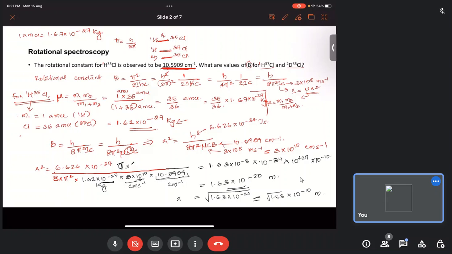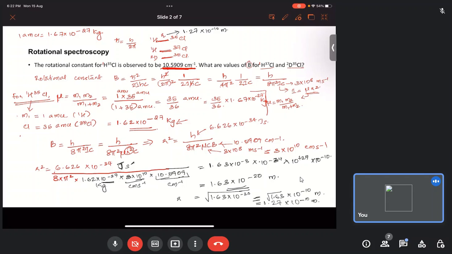Yeah, this is coming to be 1.27 into 10 to the power minus 10 meter. So the R value here is around 1.27 into 10 to the power minus 10 meter.